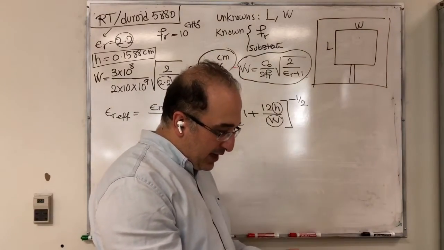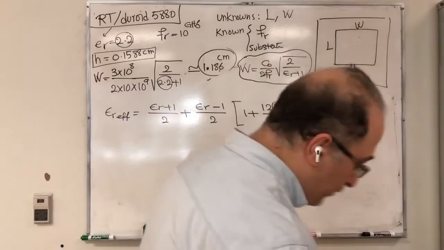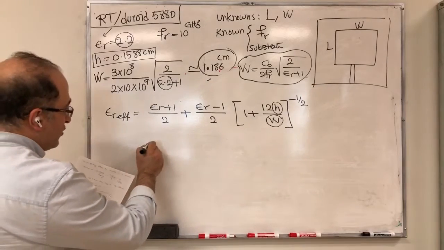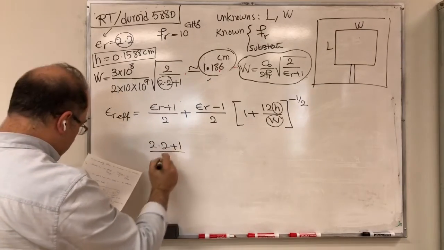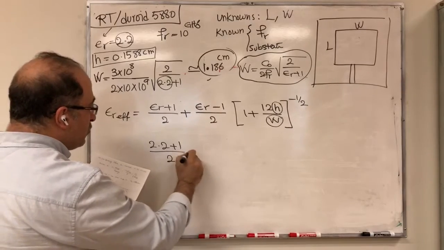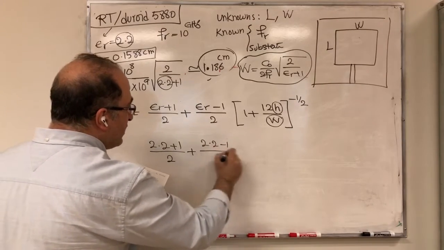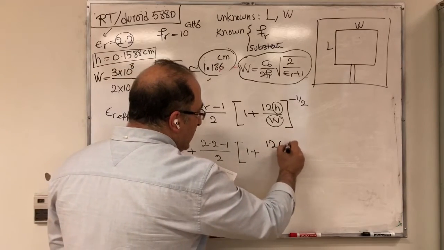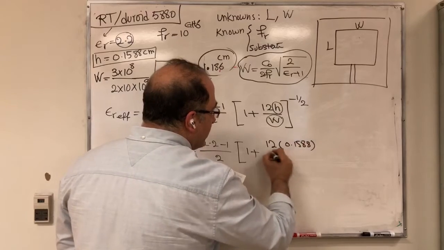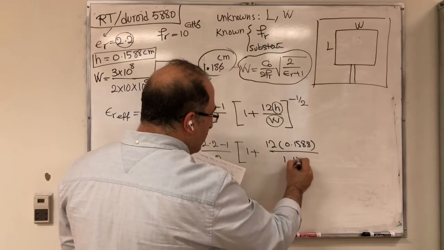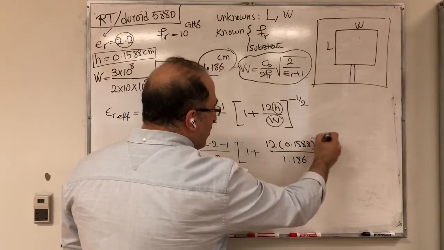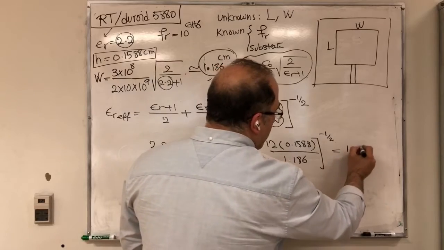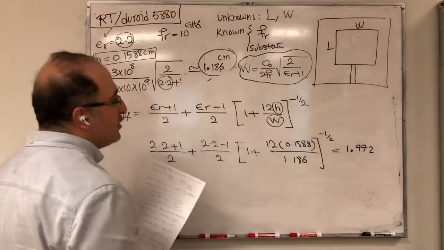So if I have the calculation here, which I do, then just to make sure that you understand it, 2.2 plus 1 divided by 2 plus 2.2 minus 1 divided by 2, 1 plus 12H, and H is 1.588 divided by W 1.186 to the power of minus half, and that's going to give me about 1.972, which I'm going to write here.